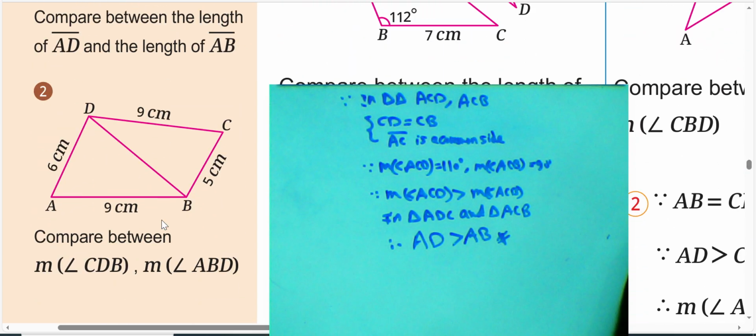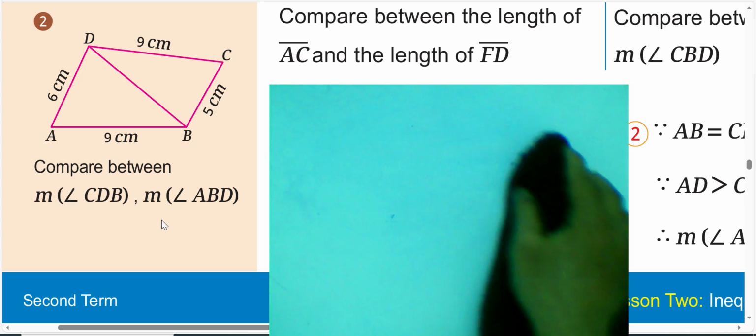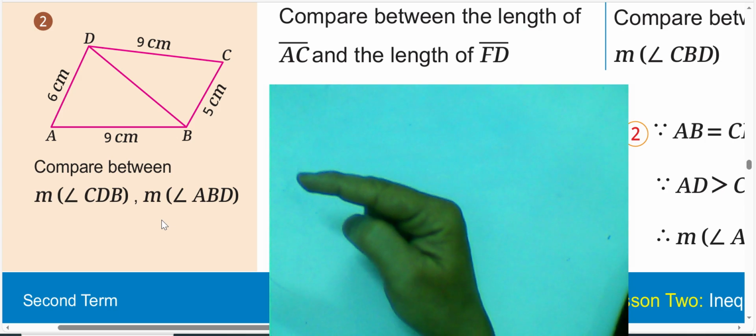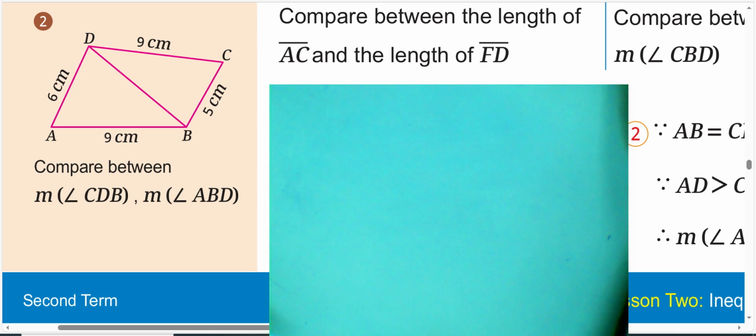Next question, also number 2, the same idea. We have here in this triangle, look at here, two sides different and two sides here different. Here 6. Okay, and DC is the common side between them.